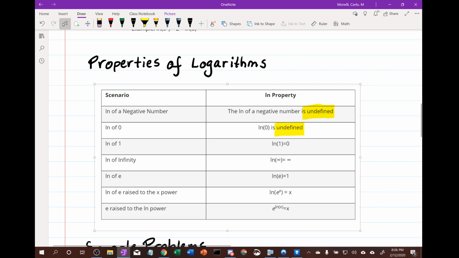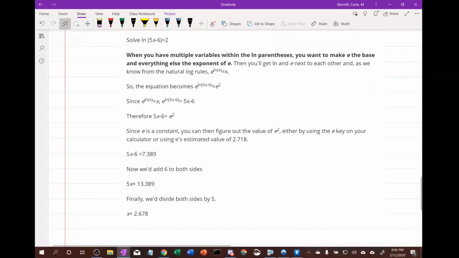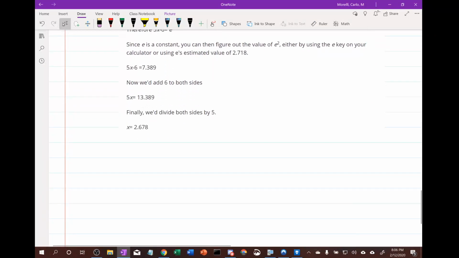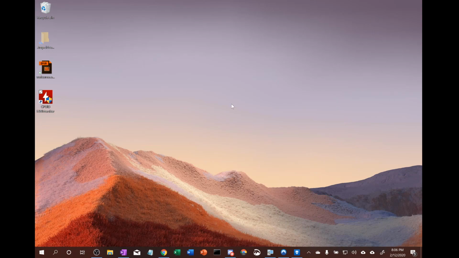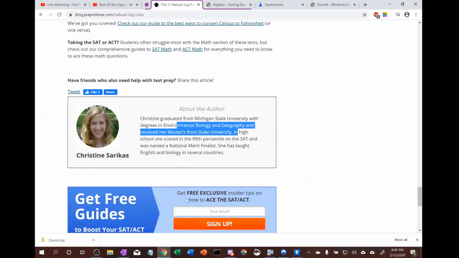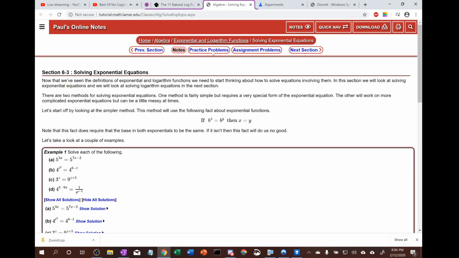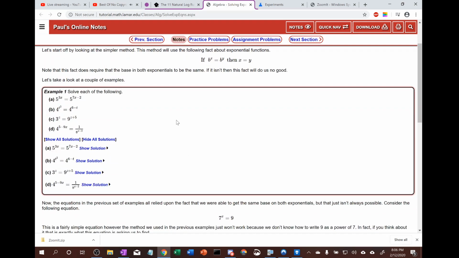Okay. We did these sample problems. So I want to do Paul's notes real quick, because Paul's notes have a bunch of cool problems. Okay, so we want to solve these problems, and we can show the solutions.